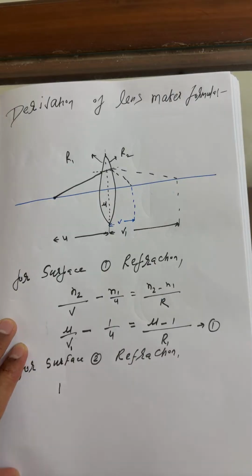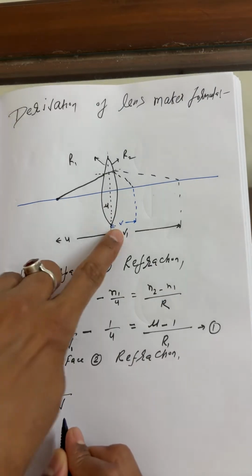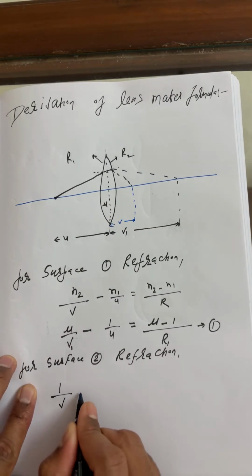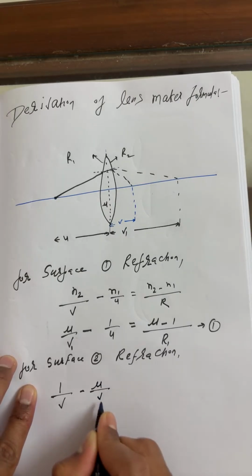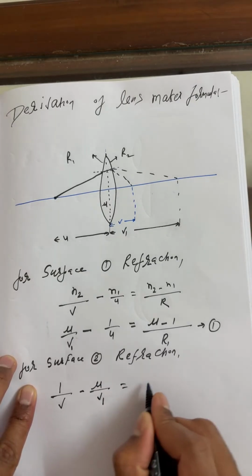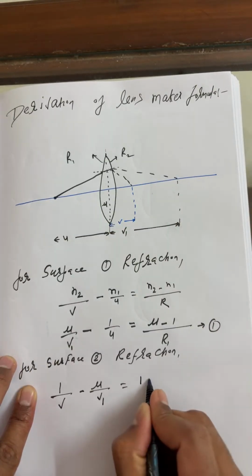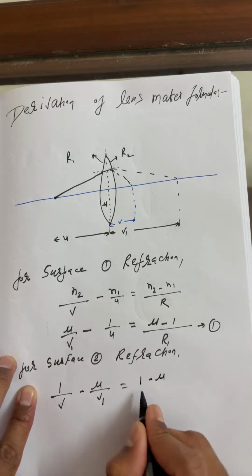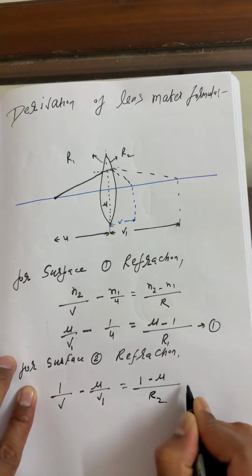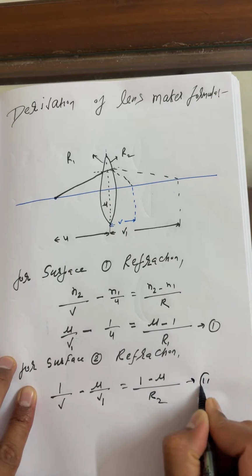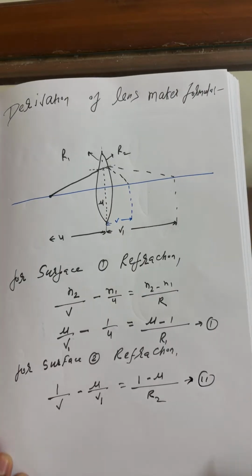This is V1, and 1 by V is the final image. Minus students, mu by V1 equals N2, and N2 is 1. So 1 minus mu upon R2. Call this equation number 2.